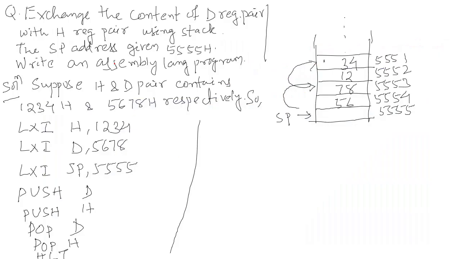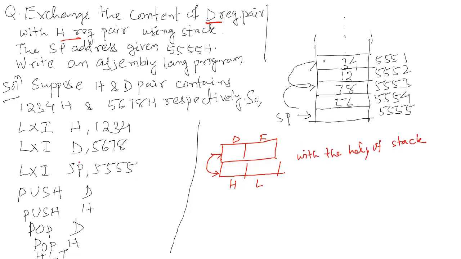This is one example through which we can easily understand how the instructions work: exchanging the content of the D register pair with the H register pair using the stack. There is the D register pair, which will be D and E, and there is the register pair H and L, and the content of the DE register pair will be exchanged with the HL register pair with the help of the stack.